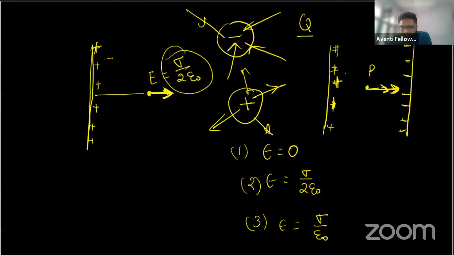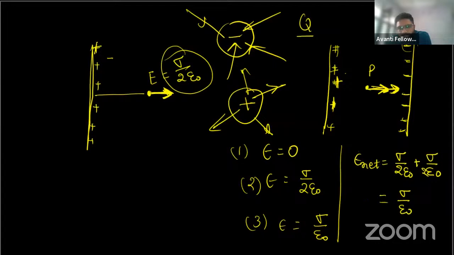Clear? Now you have already taken the directions, and it is the same direction. So when you have considered the direction here, you do not need to enter the minus and plus, because you have already accounted for the direction. Whenever the direction is not clear to you, then you will take the minus. Okay. So the E net here would be sigma upon 2 epsilon naught plus sigma upon 2 epsilon naught. So this will become sigma upon epsilon naught, because the net field is in one direction.